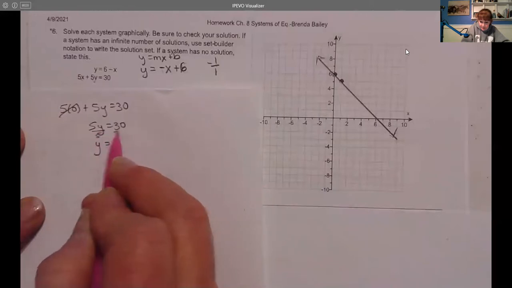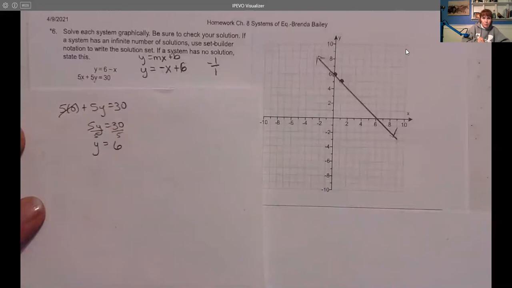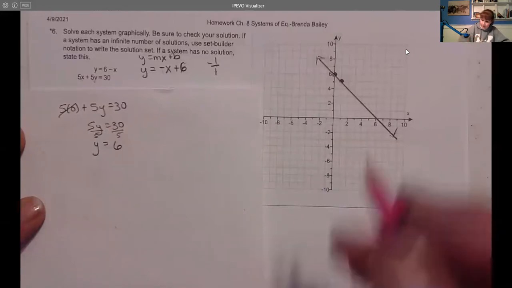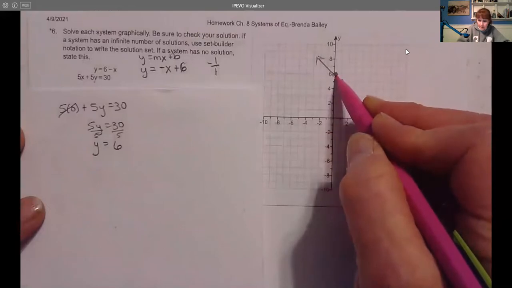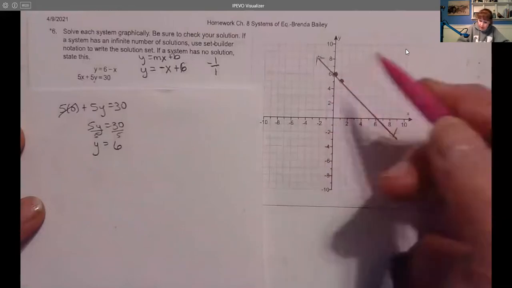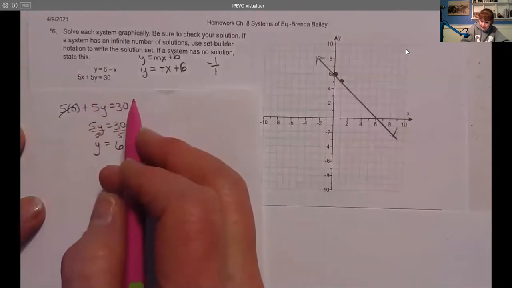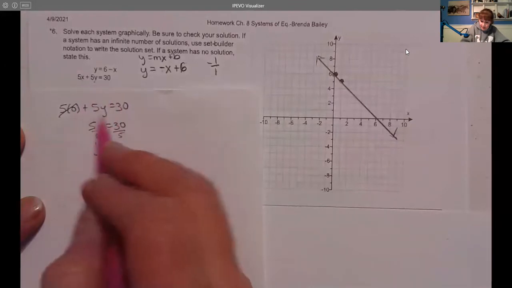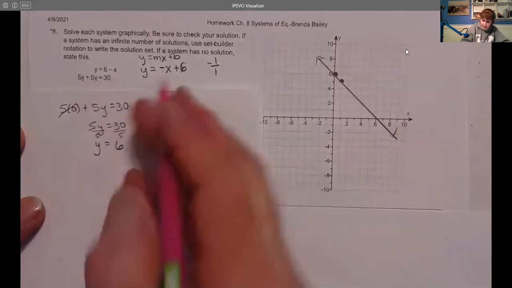Starting to skip some steps here, sorry. y is 6. Oh, same. It's going to hit at the same spot as our other one did. Same point. Now let's find the x-intercept. To find the x-intercept, where it hits the x-axis, you make the y 0.